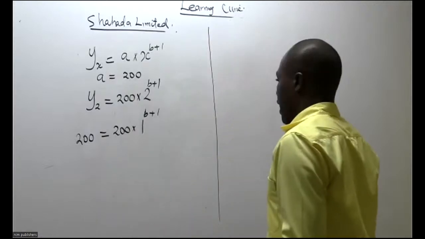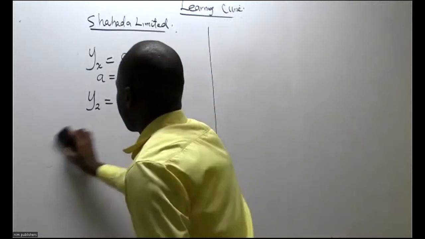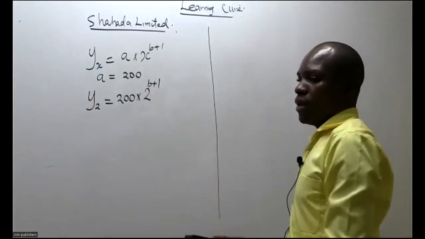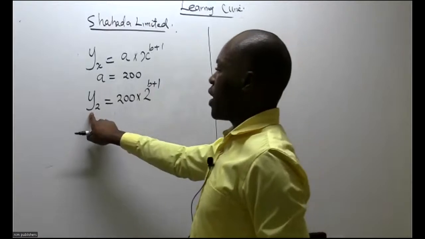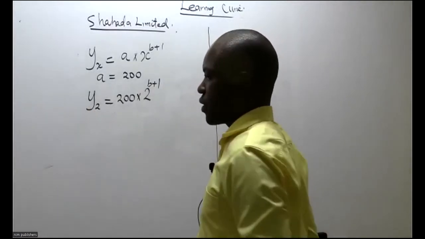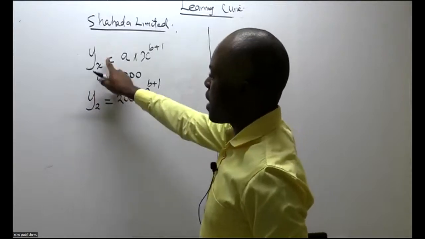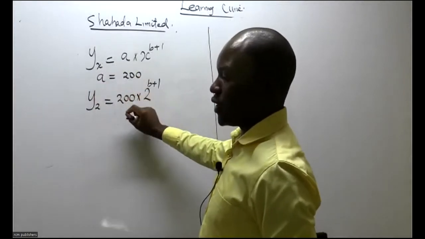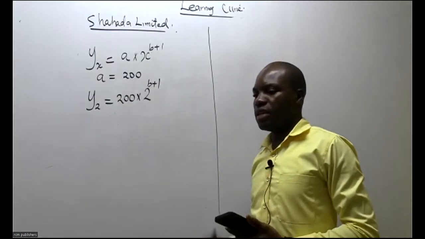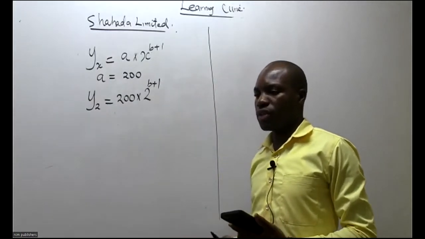But I don't want to confuse you with this other part. Let's deal with this one here only. Are we able to see where we have Y2? Can someone help me identify the value of Y2? Y2 is the time taken to produce the first 2 units. Do we have it anywhere? Time taken to produce the first 2 units.